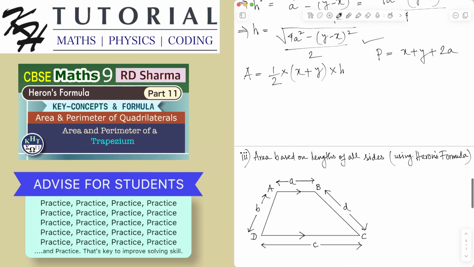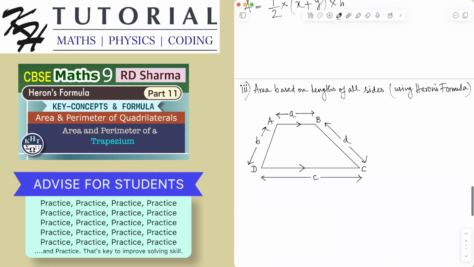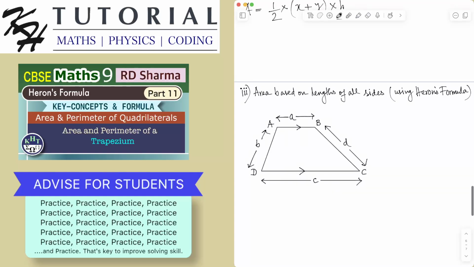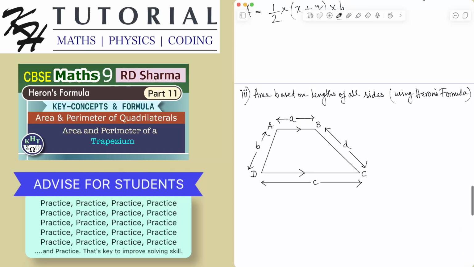The third method is how do we find the area of a trapezium where the length of all the sides are given, and all the sides are unequal.